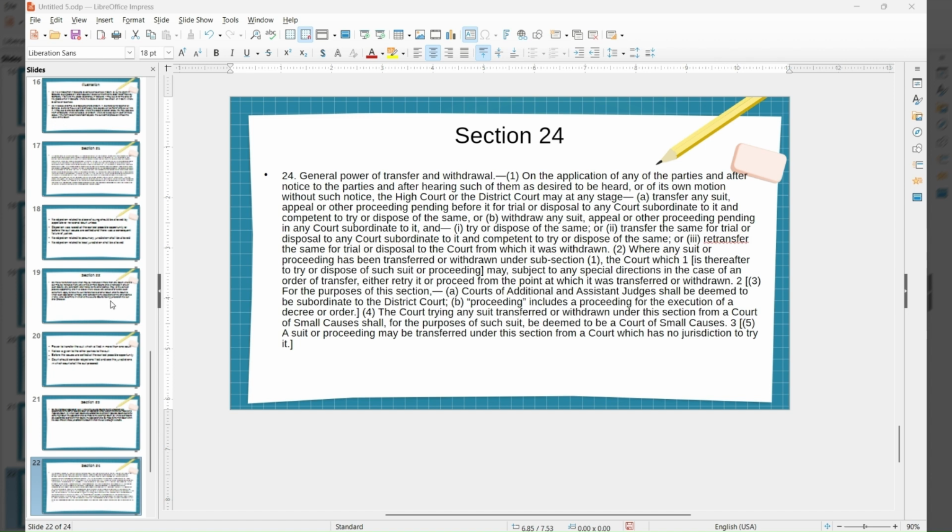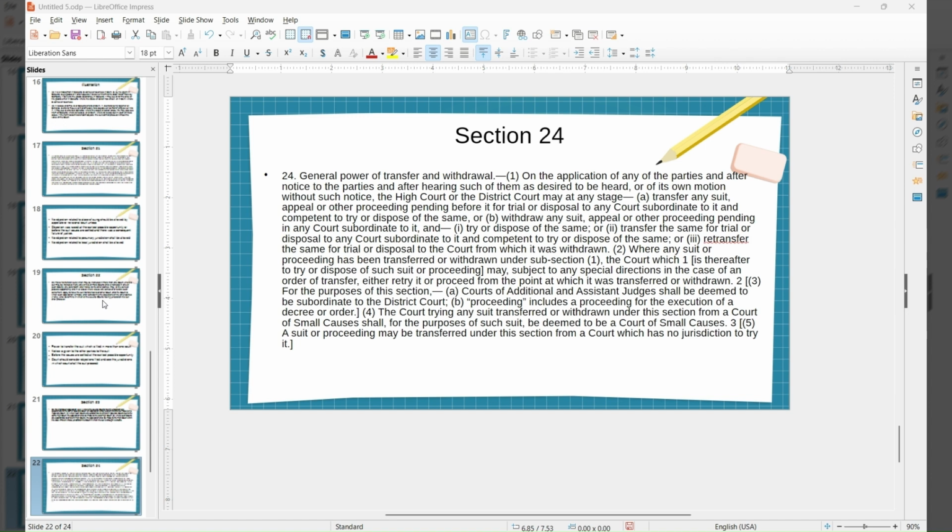The proceeding includes execution proceedings to execute a decree or a court order. This means even execution cases can be transferred and withdrawn.